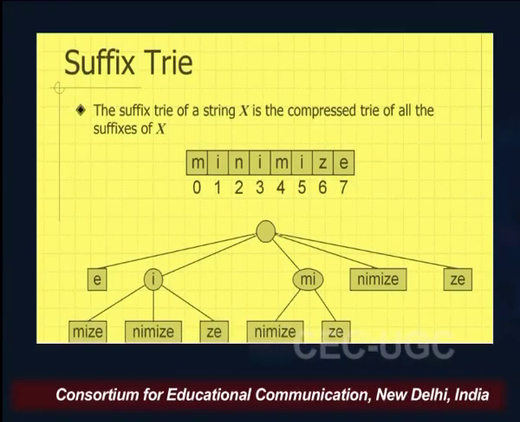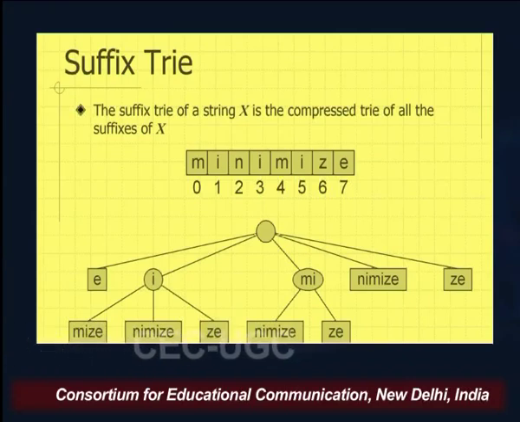There are 3 suffixes starting from I: one is IZE, another is IMIZE, and the third starts from 1 and ends at 7. All these suffixes starting from I are arranged in the form of a compressed trie. The first branch goes to MIZE, the second branch from I goes to NIMIZE, and the third, which is IZE in total, goes to ZE.